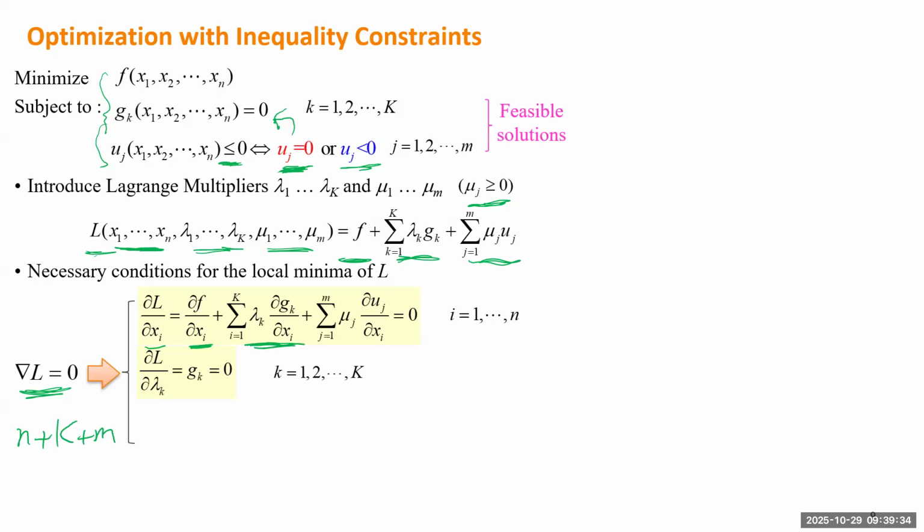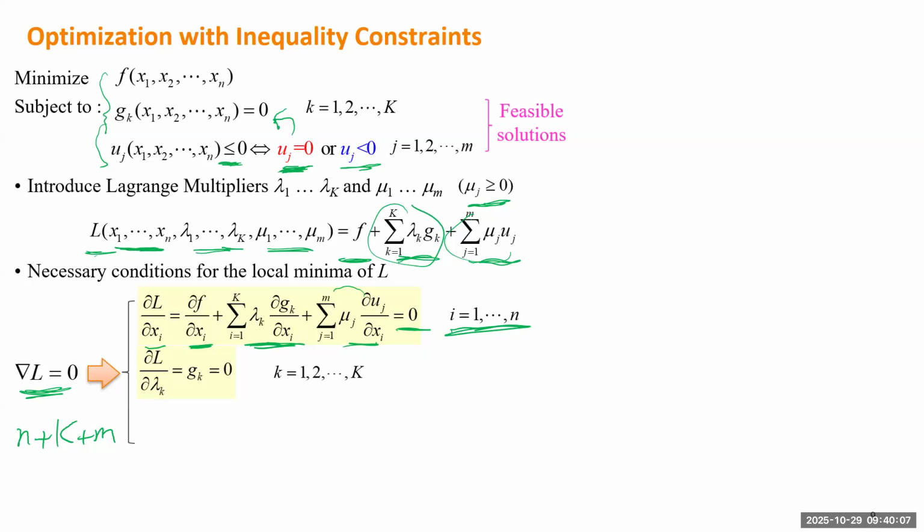The second type of element will be this part, where we calculate the partial derivative with respect to each x. And this third item will be this part. Here we assume G and U can change with x, so that's why the partial derivative has elements there. And we hope they're all zero. This one will give you n equations because we have n such elements.